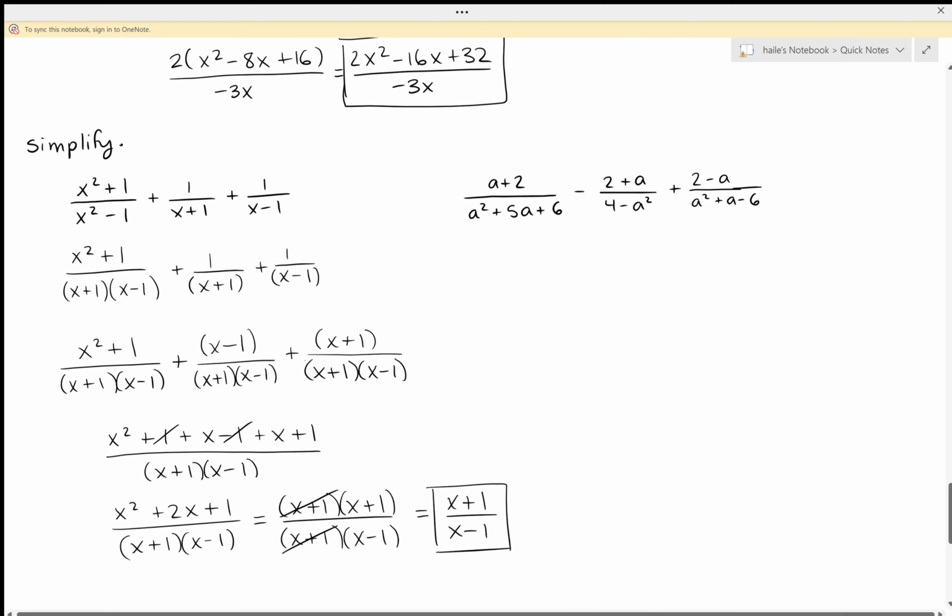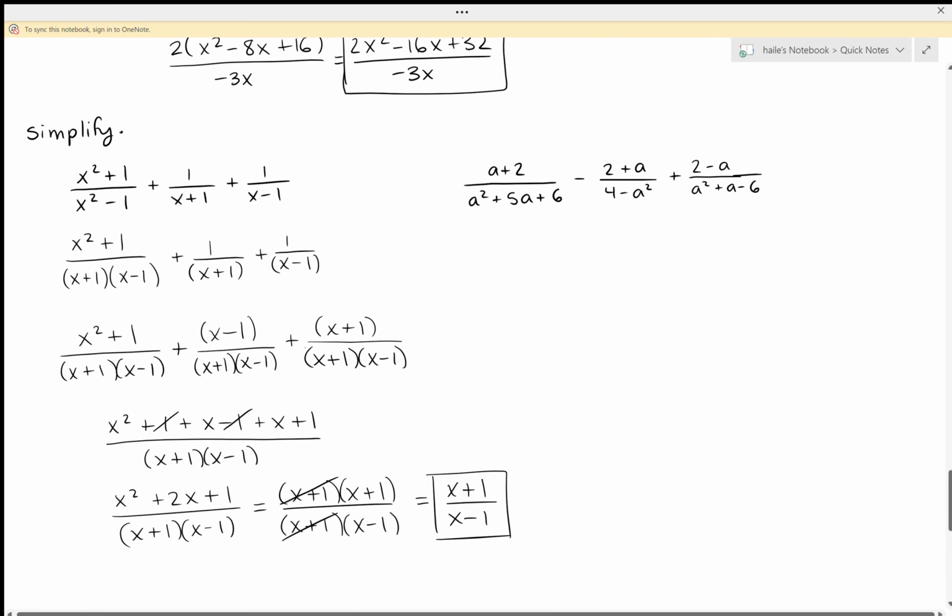All right, let's do one more like this. This time, I can factor more than just the first denominator. First, we'll have a plus 2 over, let's see, this will be 2 factors because it's a trinomial. We'll have a, and we'll have 2 and 3. That should work.